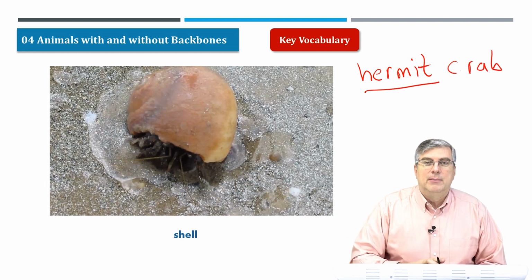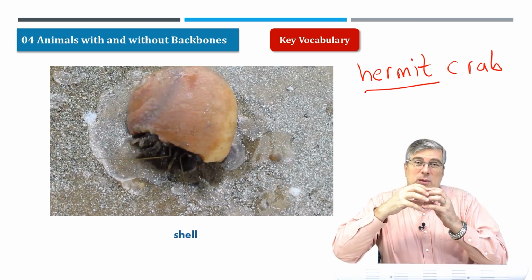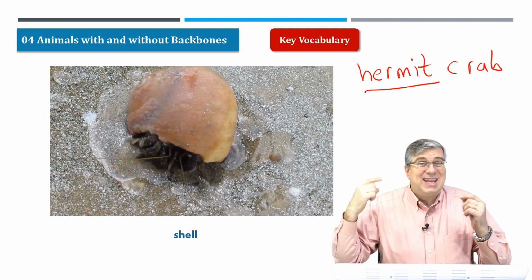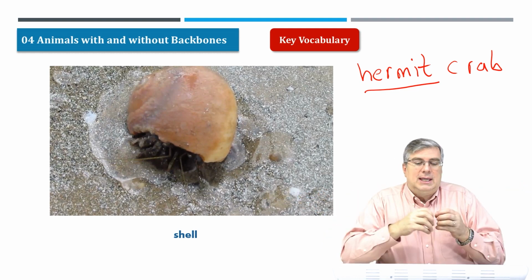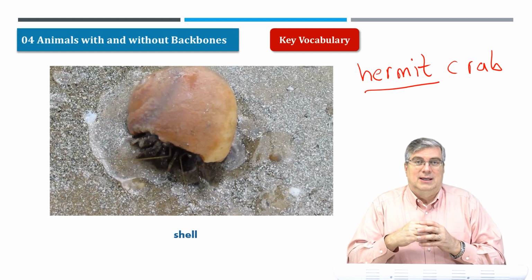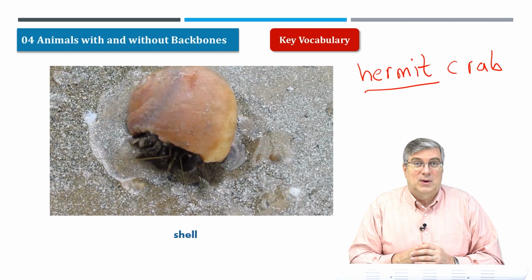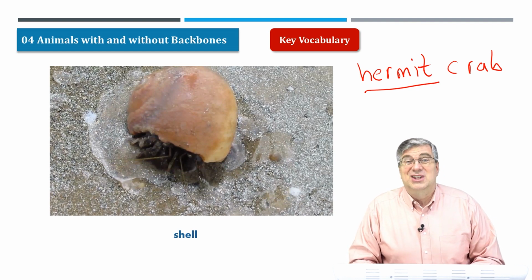A hermit crab grows, but the shell doesn't grow. So when the hermit crab gets too big, he can't fit in his shell anymore. What does he do? He gets out of his shell and finds a new shell. And then he has a new home. Okay, so very interesting. Hermit crabs are very interesting. Sometimes they're cute too, right?